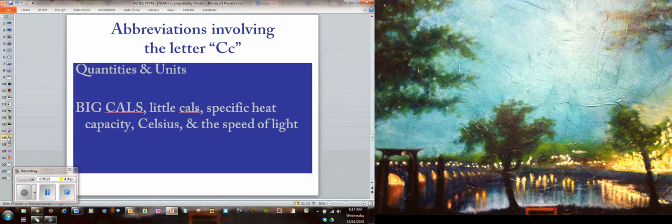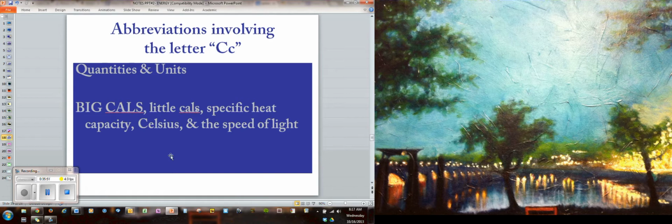Final slide for the presentation today, and we'll finish up the others at another time, would be just to go over the abbreviations involving the letter C, capital or lowercase. So big cows and little cows are not abbreviated with just a C. Remember, they have 3-letter abbreviations. If you put the S on, that makes 4.